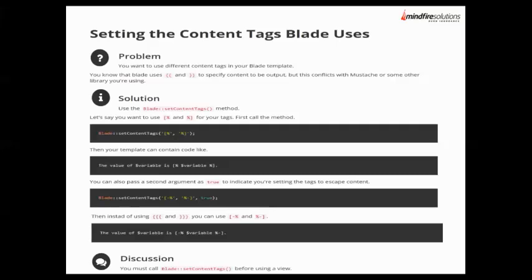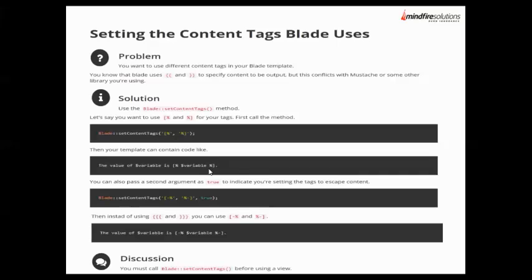You see I use a square brace then percentage as the opening, and percentage then square brace as the closing. So in the Blade template I don't need to use double curly braces, I can do everything using this tag. If I want to echo a variable, I use square brace, then percentage, then the variable name, and then percentage and the square brace closed.